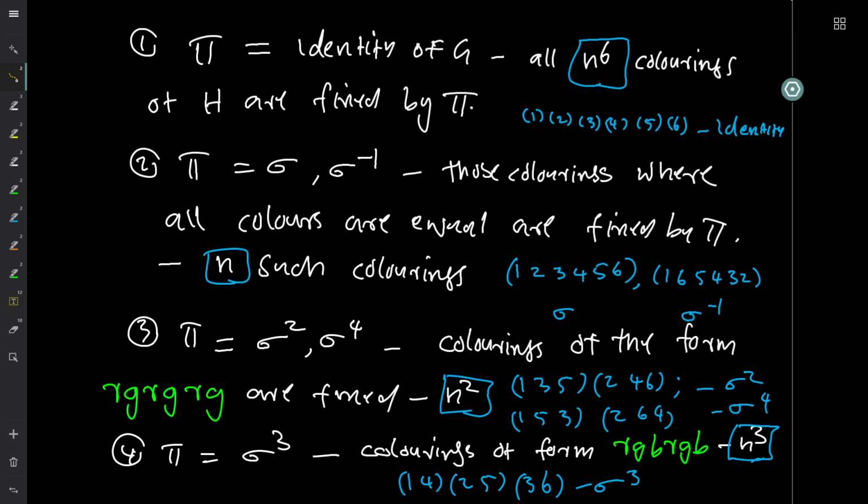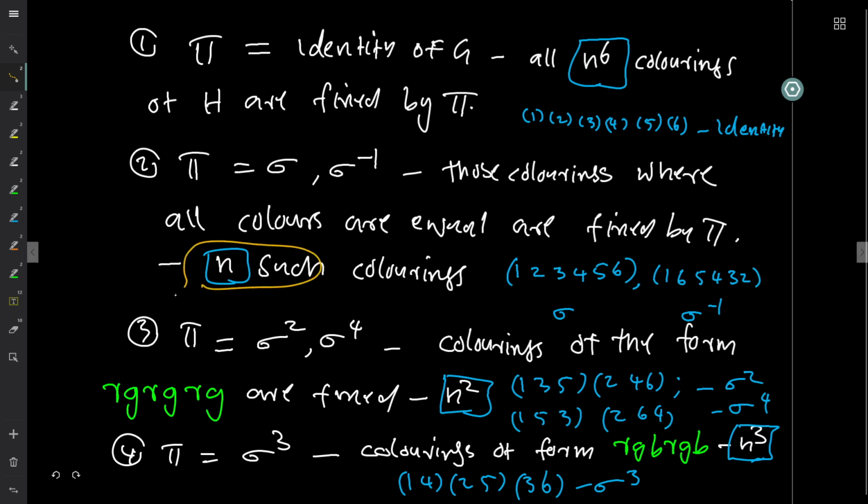I want all the vertices to have the same color. Since I have n colors, I have n different colorings possible, where all the vertices get the same color. So sigma gives exactly n such colorings.